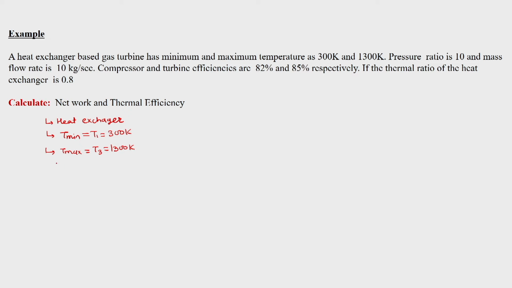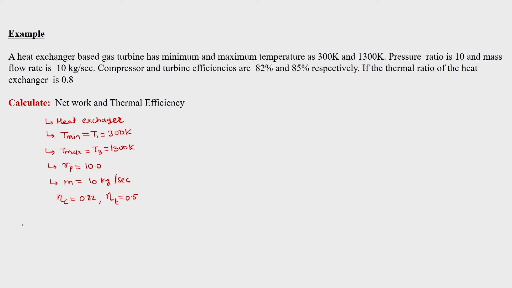Then the pressure ratio Rp is equal to 10. The mass flow rate m dot is 10 kg per second. Now, we are given that the isentropic efficiency of compressor is 0.82 and the isentropic efficiency of turbine is 0.85.